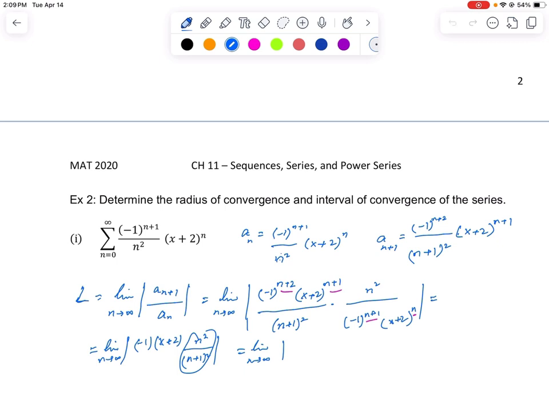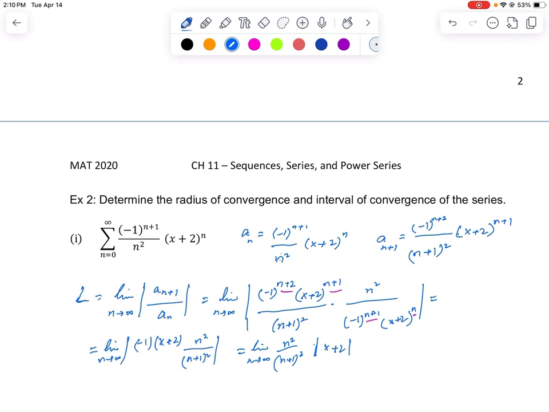You don't have to, but you can. So we have the limit of this times, now remember, we cannot just throw away the absolute sign. It will still stay on the quantity which has x in it.